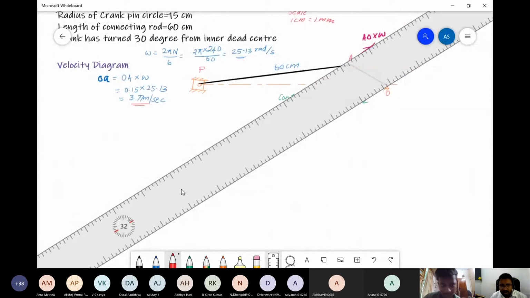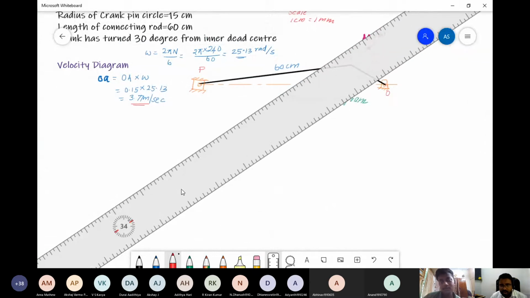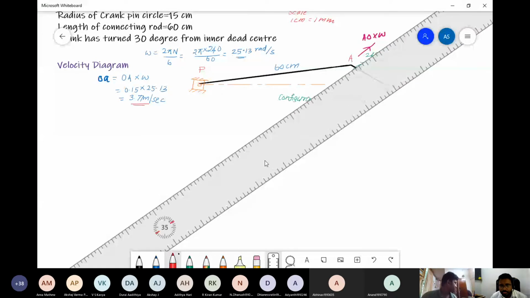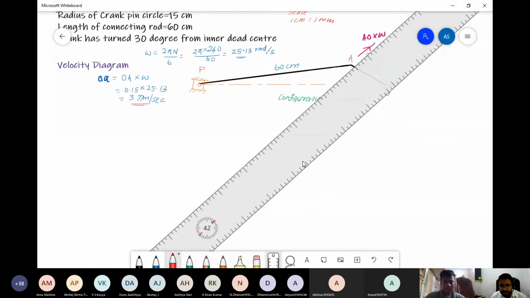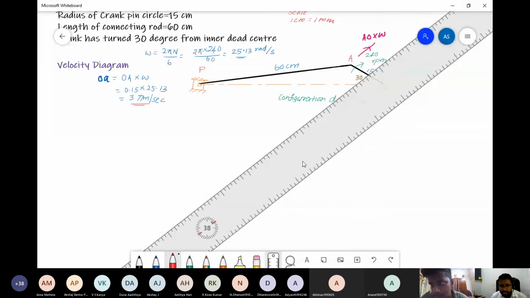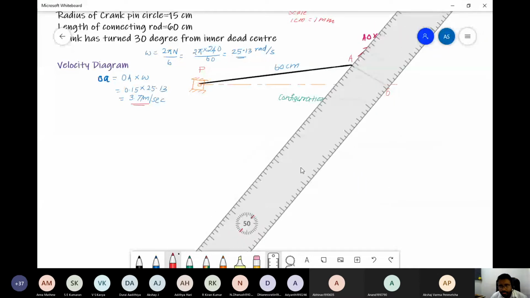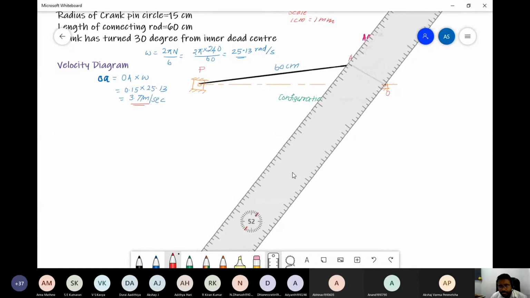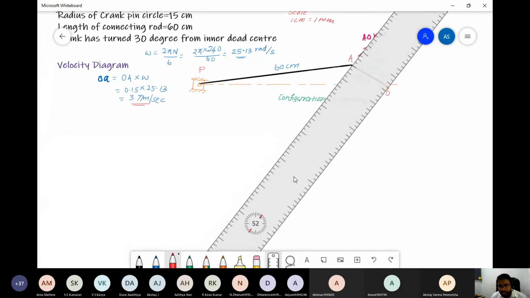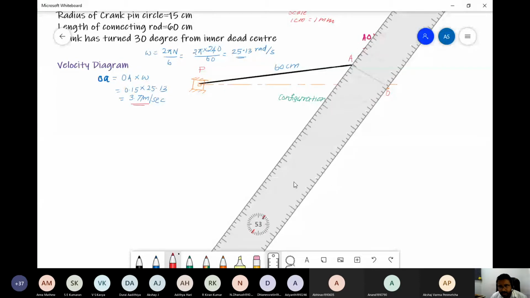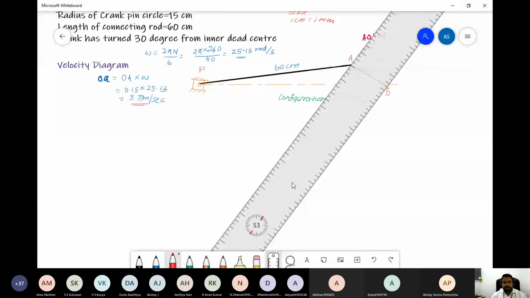You will be having the drafter, it will be easy for you to do. I will just try to find the perpendicularity. I think 30 degrees is the perpendicularity, no? So now I think I have placed it perpendicular. Am I right?